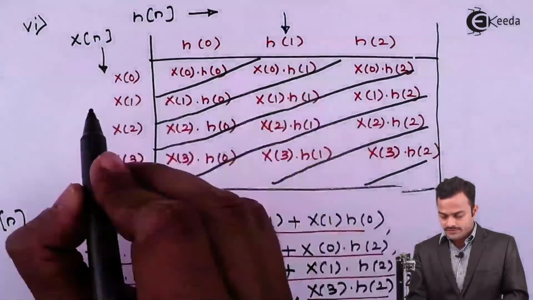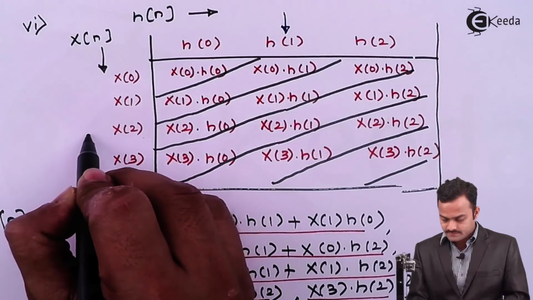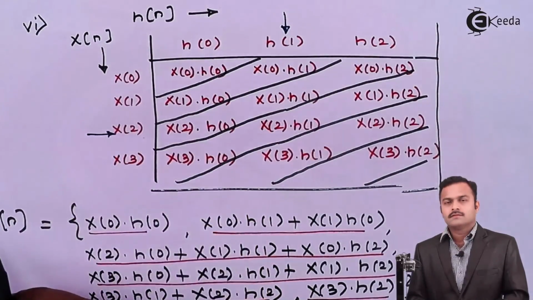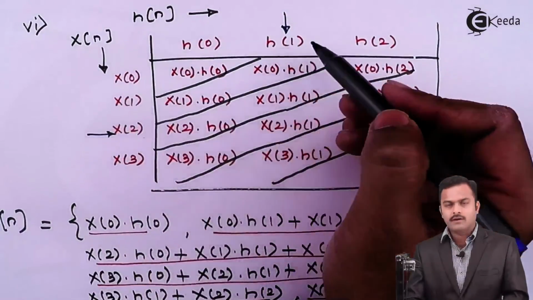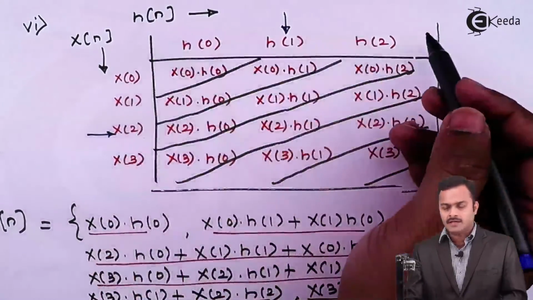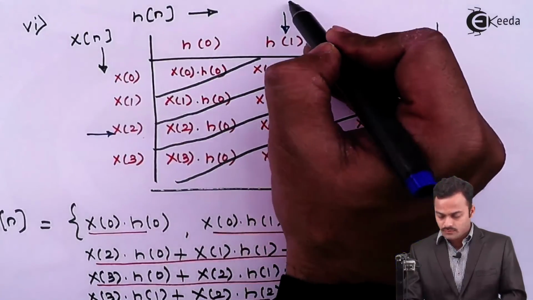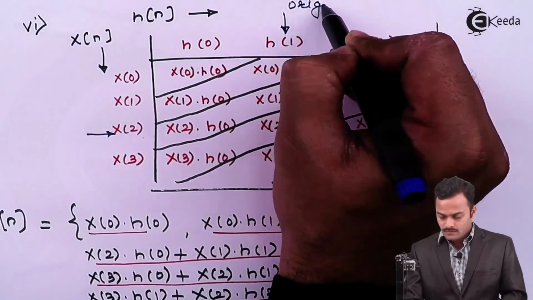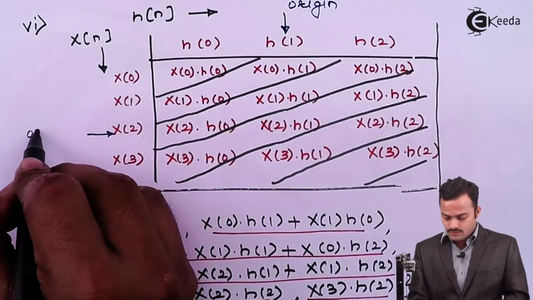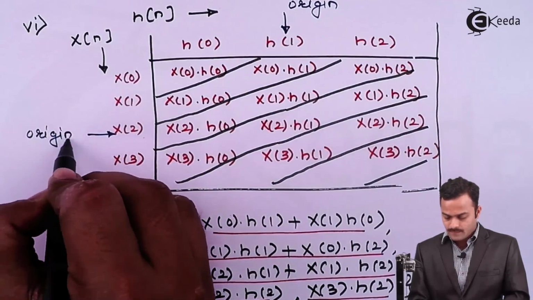Similarly over here also, let's take the origin somewhere here. Don't get confused with this 2 and 1. It may be any number, and suppose the origin is over here. Here also the origin is here.